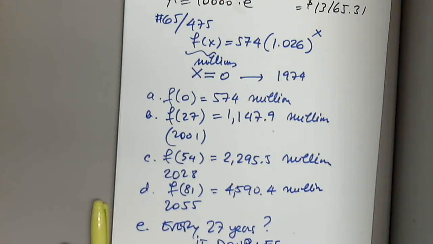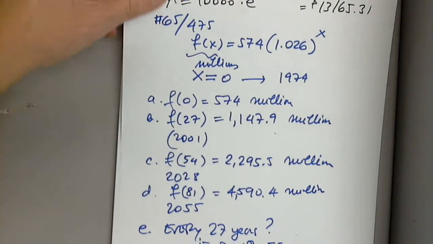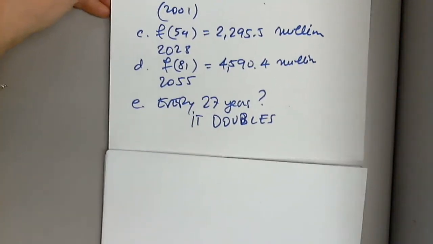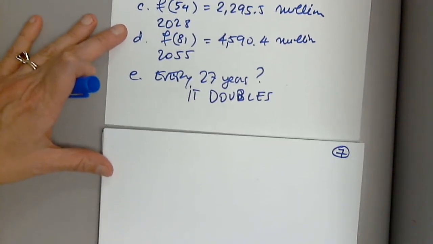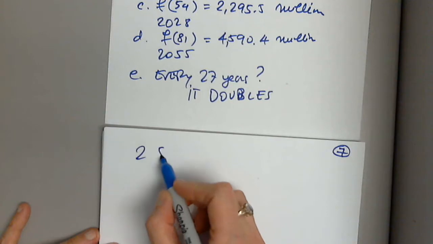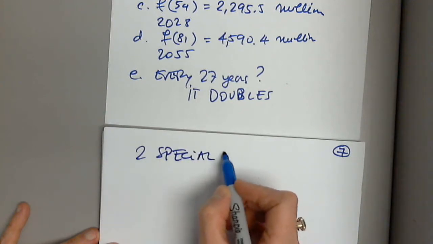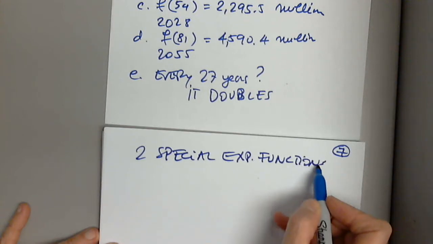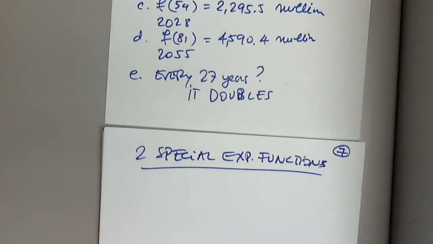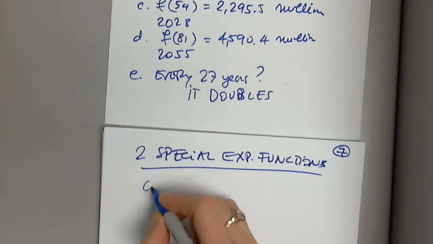The next, there are two special exponential functions. So special that they have their own key in the graphing calculator. Two special exponential functions. One is called common.